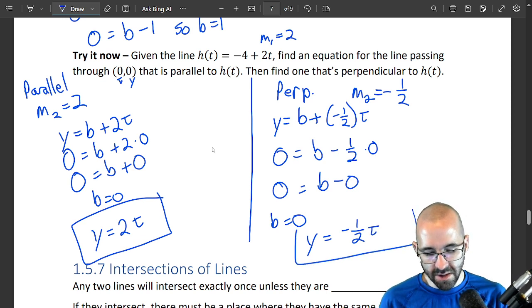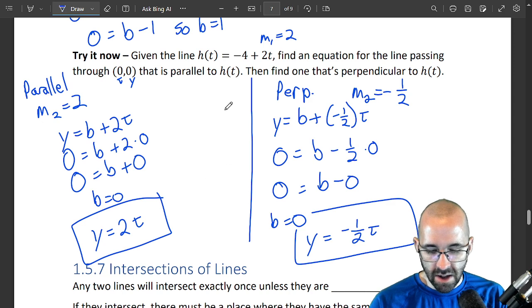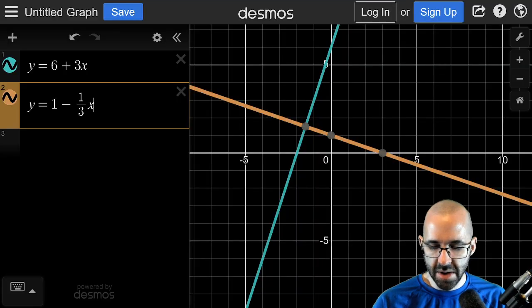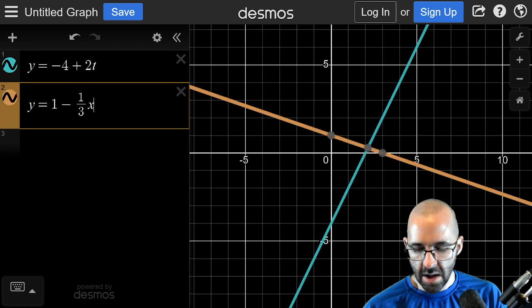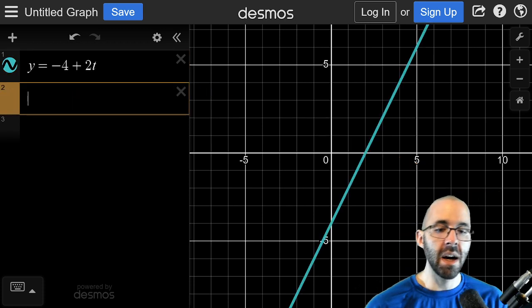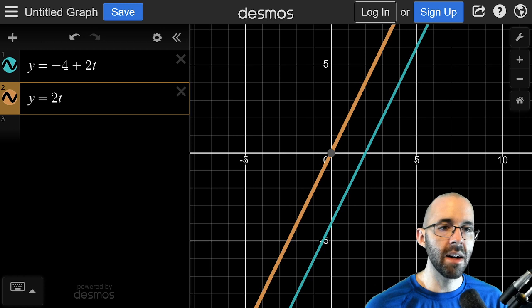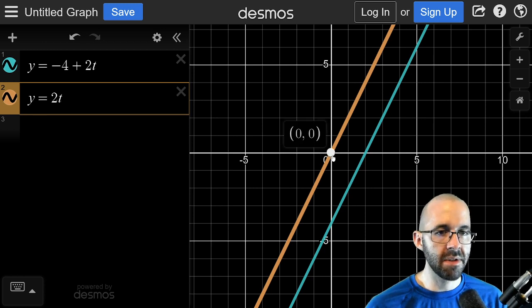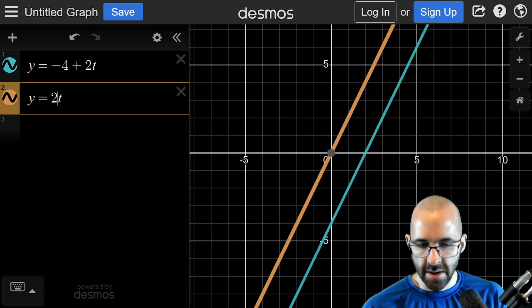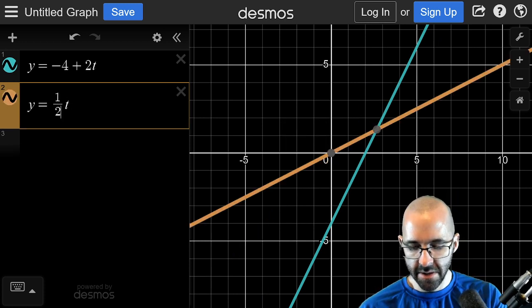Let's double check our answers. Let's plot negative 4 plus 2t. And let's see, is this parallel to this line? Yep. Does the second line go through 0, 0? Yep. The other one is negative 1/2 t.